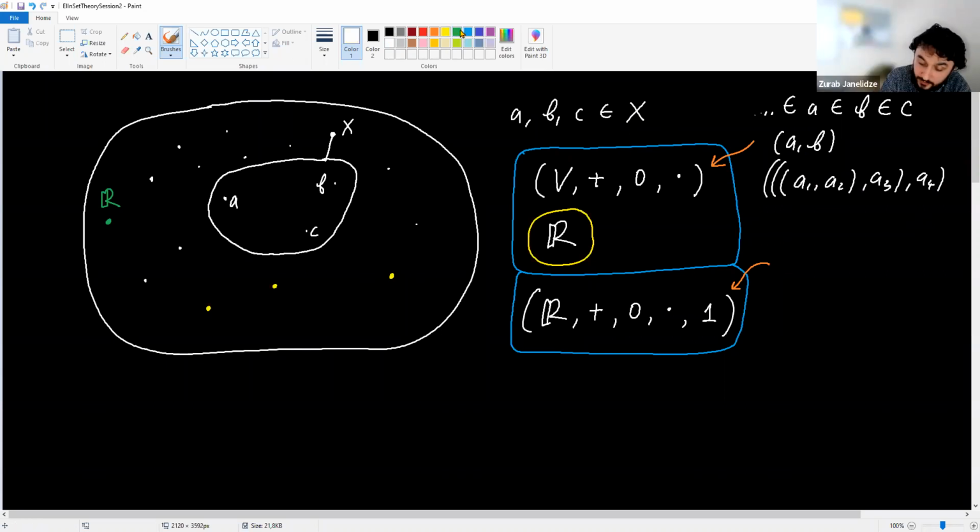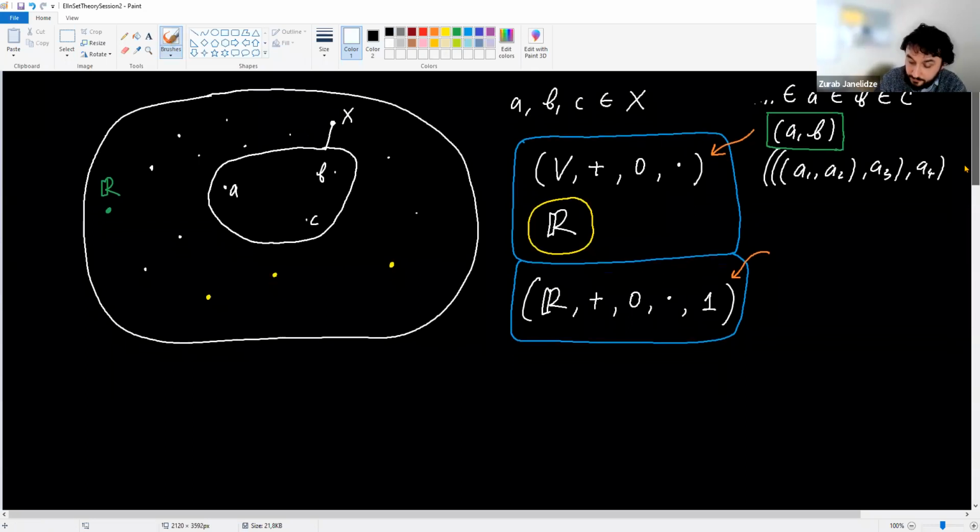So the key idea is how to define an ordered pair of sets as a set, and there is an elegant solution to this problem. Let me first emphasize why it is not so trivial.